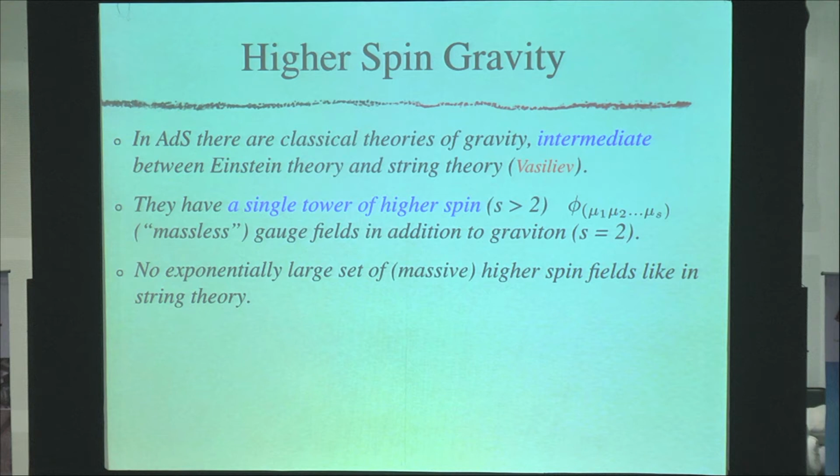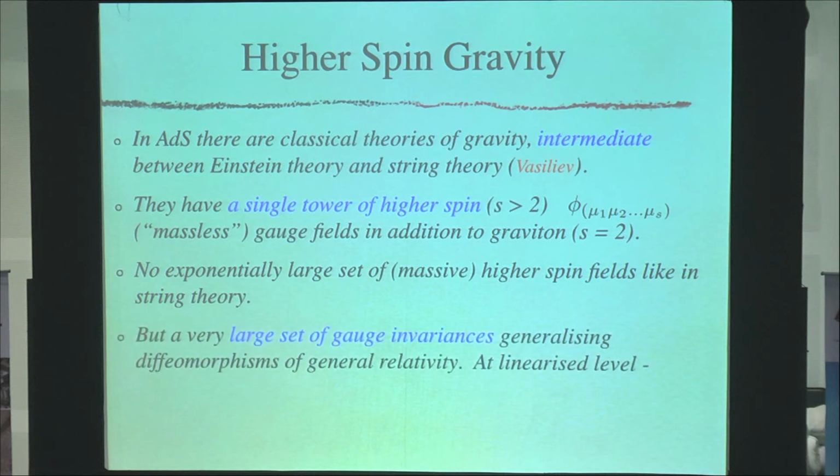So in the Vasiliev theory, you have a finite number of fields at a given spin, and the number doesn't grow as you increase the spin. So the Vasiliev theory has much more than Einstein gravity, but not an exponentially larger set.